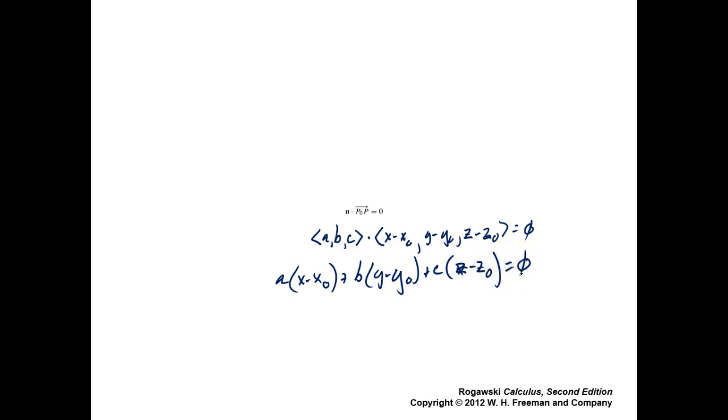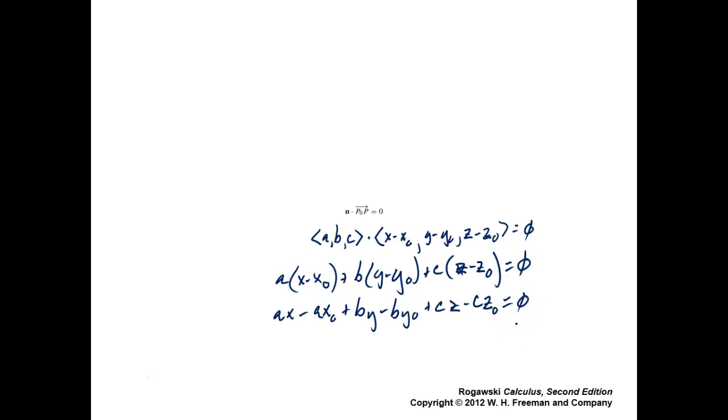Remember, the dot product of two vectors is a scalar. So that's why this has become a scalar. So this says ax minus ax0 plus by minus by0 plus cz minus cz0 is equal to 0.